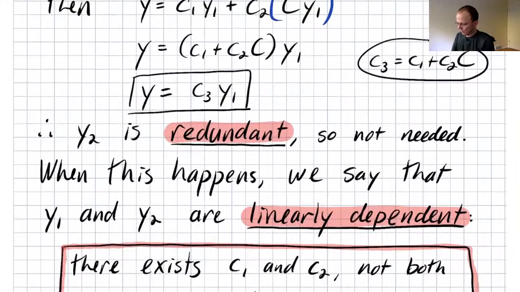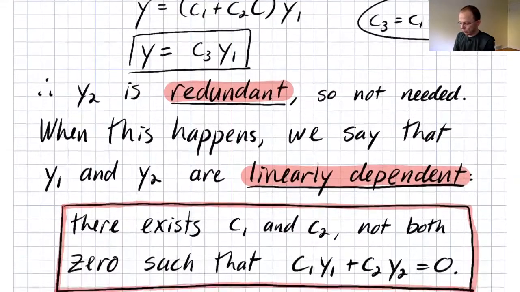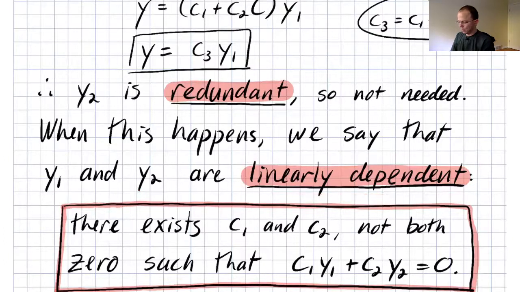It's not needed, right? And when this happens, we say that y1 and y2 are linearly dependent. So when we detect this redundancy, we say that they're linearly dependent.